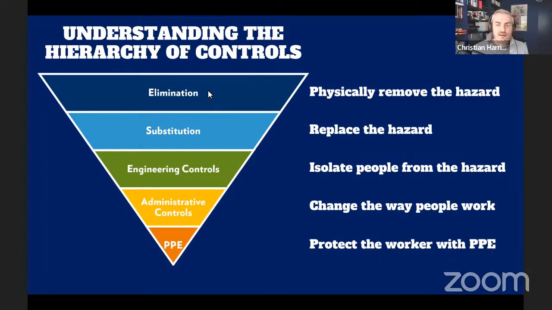So elimination is physically removing the hazard. Substitution is replacing the hazard. Engineering controls are things that can isolate people from the hazard. Administrative controls would be changing the way that we're doing work to reduce the risk. And then PPE is obviously protection of the worker by providing them with PPE. So that's what the hierarchy is and what it kind of means.